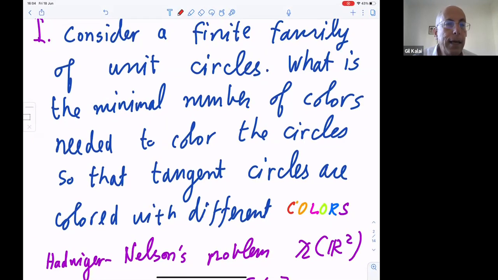Now, this is equivalent to the question, given a finite set of points in the plane, how many colors are needed to color it when points at unit distance are colored by different colors. And this is a famous problem, the Hadwiger-Nelson problem regarding the chromatic number of the plane.